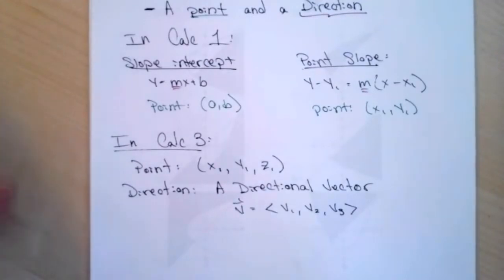So as soon as we have some starting point in space, and this holds in general spaces in higher dimensions as well, 4 dimensions, 5, as soon as you have a point and as soon as you have a direction that you're pointing in, you can walk along from that point in that specific direction as many units forward as you want or as many units backward as you want, and that's going to dictate a line. Now our problem is how do we write the equations?